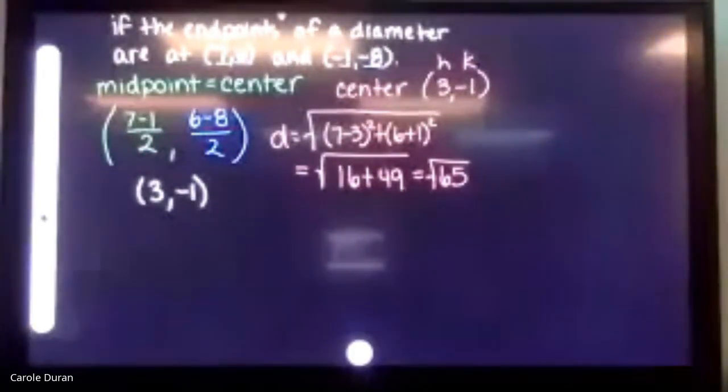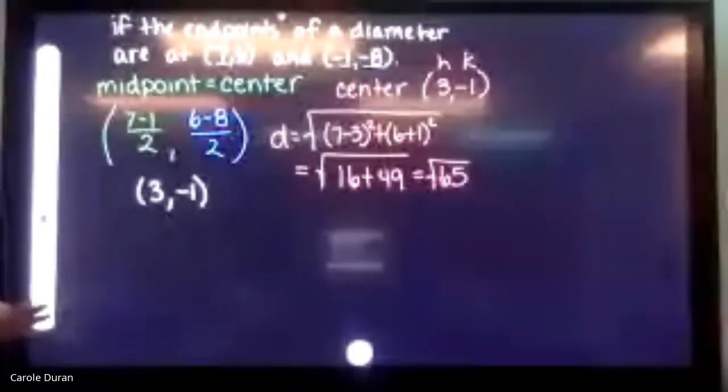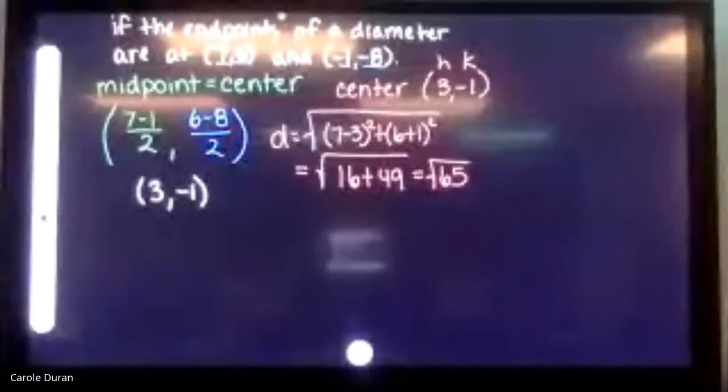Did anybody not get 65? Or square root of 65, sorry, as their radius. Okay, now go ahead and write the equation for the circle.